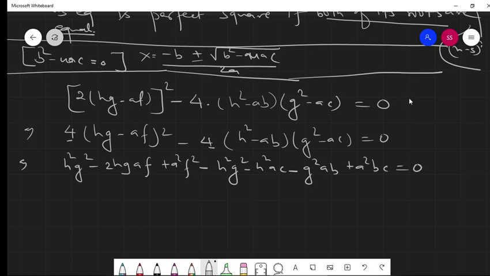Now let's check: h square g square and h square g square can be cancelled.